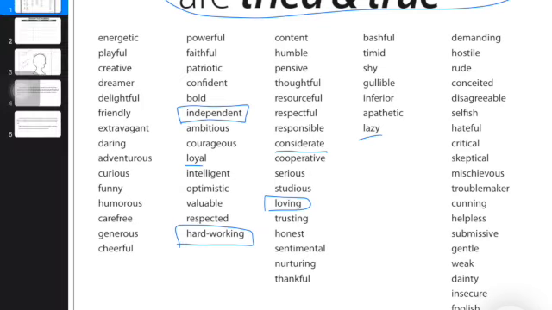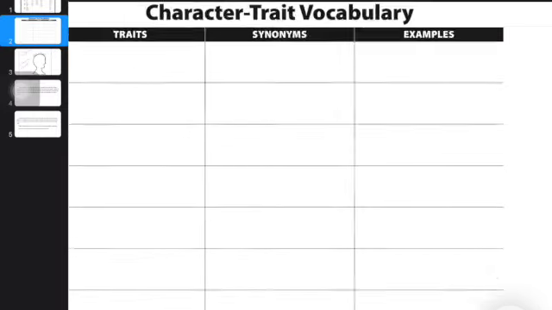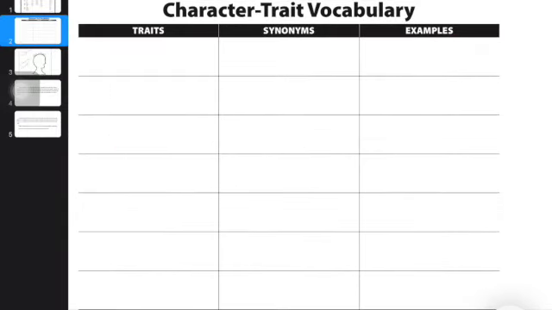And one thing I want to look at then is this sheet here. Character trait vocabulary. And you can see here that I've got 3 columns: traits, synonyms, and examples.